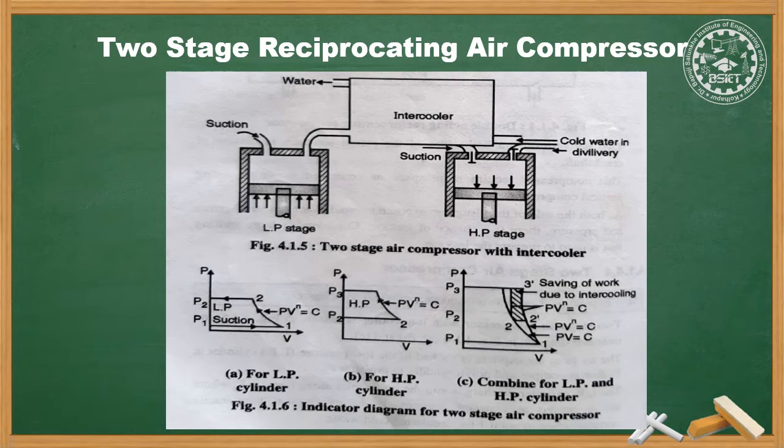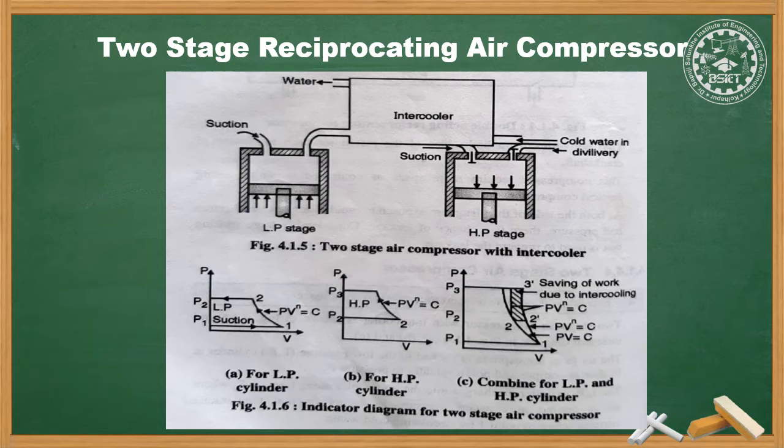The cooled air is drawn into the high pressure cylinder along the line P2 to 2. For the second stage compression, it is compressed to the final pressure P3.